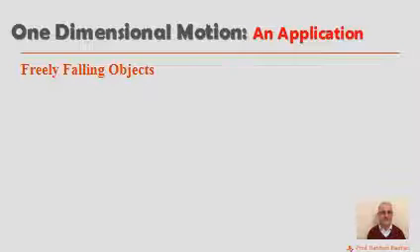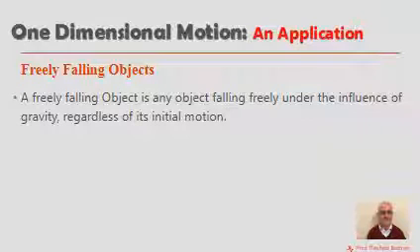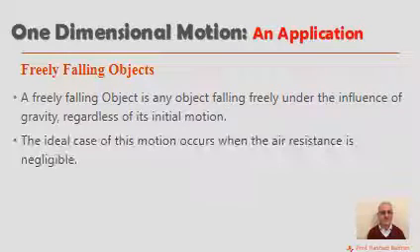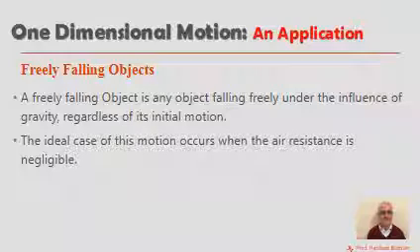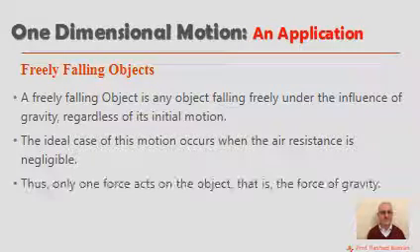The free-falling object is falling under the influence of gravity only, regardless of its initial velocity. The ideal case of this motion occurs when the air resistance is negligible.